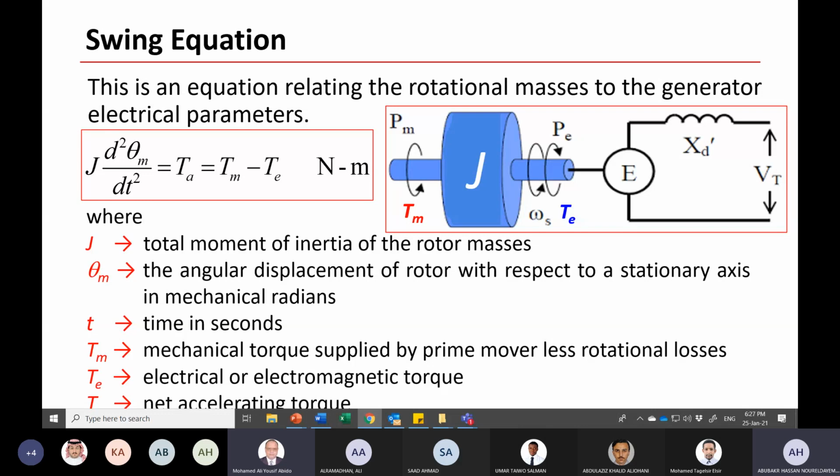Any answer? That means the mechanical torque is more than the electrical torque. What does it mean in terms of acceleration or deceleration? It is accelerated. We have acceleration, and the speed will go up or down? Will go up. The speed will go up. Yes, you are right.